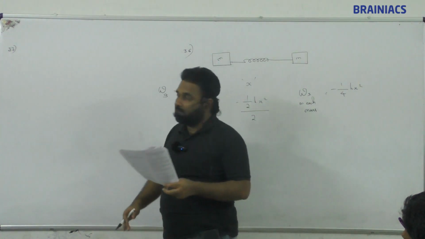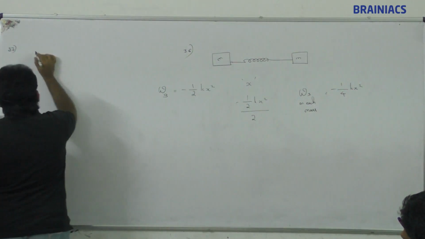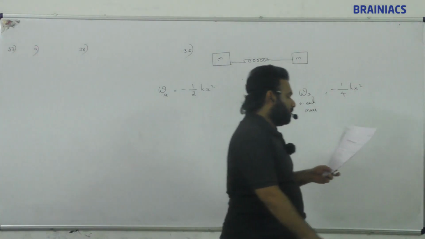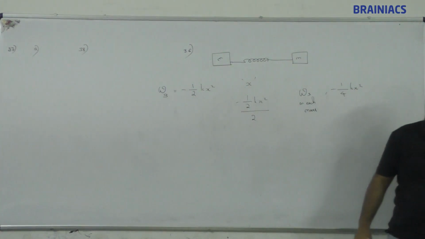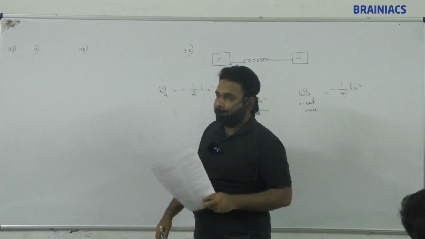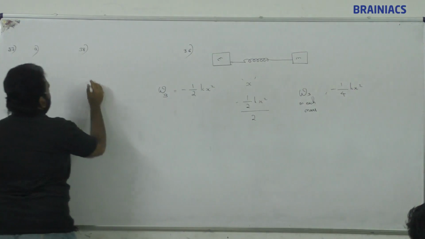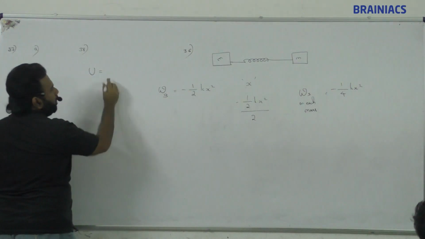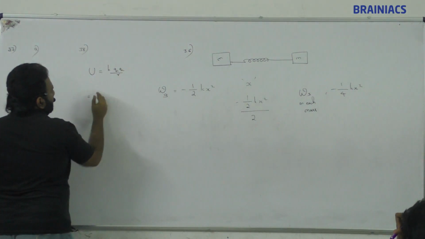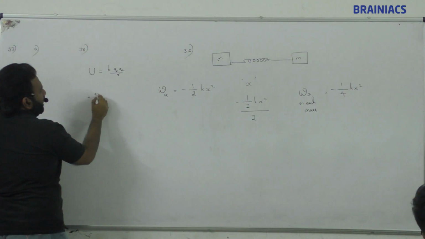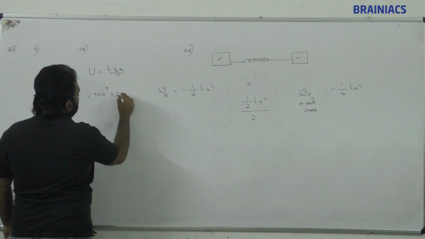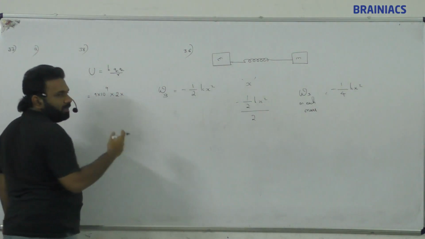Okay, so this option A is done. Question 38. Two protons are situated at a distance of 100 fermi from each other. Therefore, what will be the potential energy of the system? So U is equal to what? The formula is k Q1 Q2 divided by R. So this is going to be 9 into 10 raised to 9 into 2e into 2e.